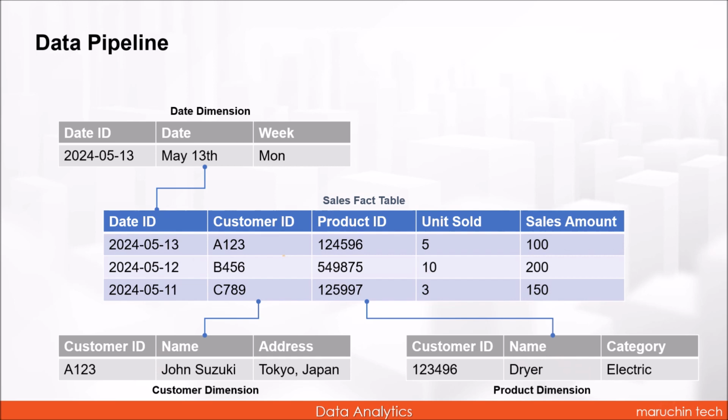These dimensions help analyze data from different angles: sales by date, sales by customer, sales by product, and so on. And the fact table has the numerical information. For example, it stores actual data like sales volume and sales quantity. By linking a dimension table and a fact table, you can perform detailed data analytics.